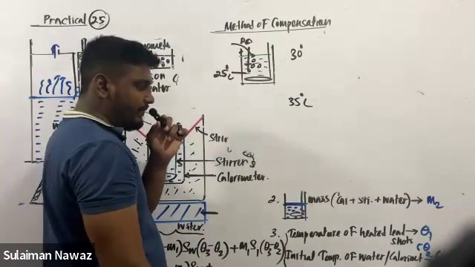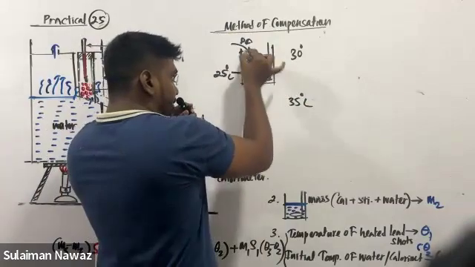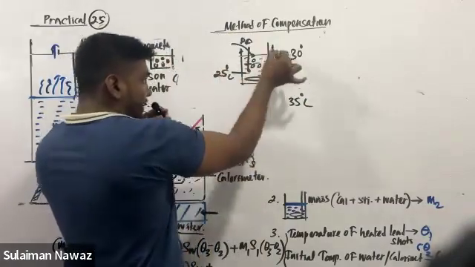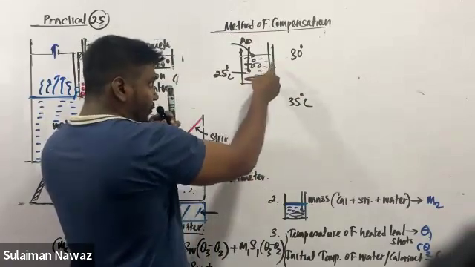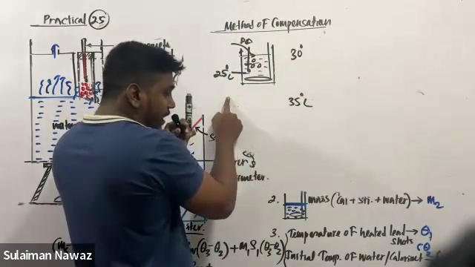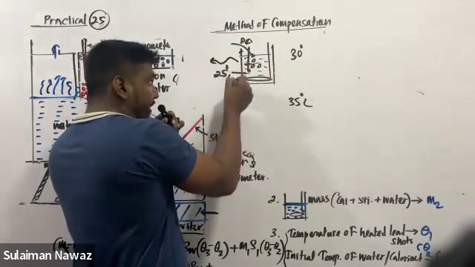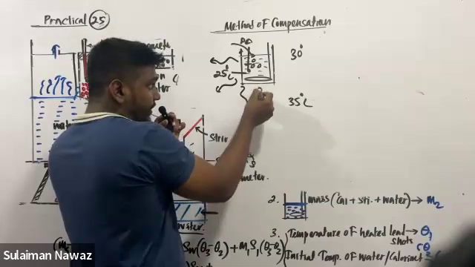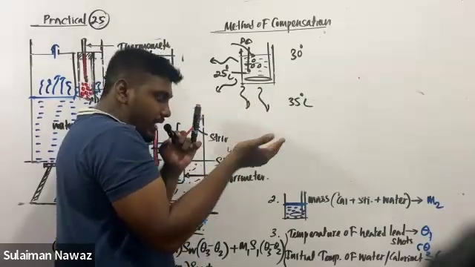Why is it compensation? Initially the setup was at 30 degrees Celsius. By adding ice cubes, when you reduce the temperature to 25 degrees Celsius, actually what is happening? Heat is emitted from the calorimeter. Initially, your calorimeter with water is at 30 degrees Celsius only.